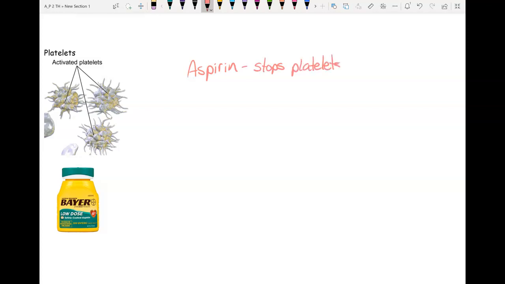It stops platelets from secreting chemicals. And these chemicals, what they normally do is attract more platelets, so platelets stick to each other once they're active, and they activate the factor. So it stops the platelets from secreting chemicals that would cause the platelets to stick together and activate the factors.